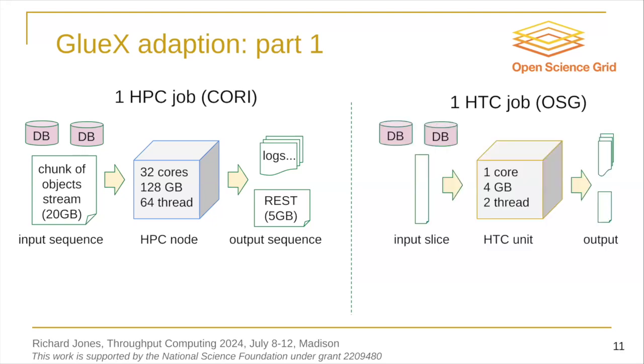What would that look like recast as an HTC job? You would want to slice up that input data sequence into at least 32 pieces so that within the 8 hours, you could crunch them on one core and 4 gigabytes. However, it turns out that on the OSG, one would really like to have less than 8 hours.